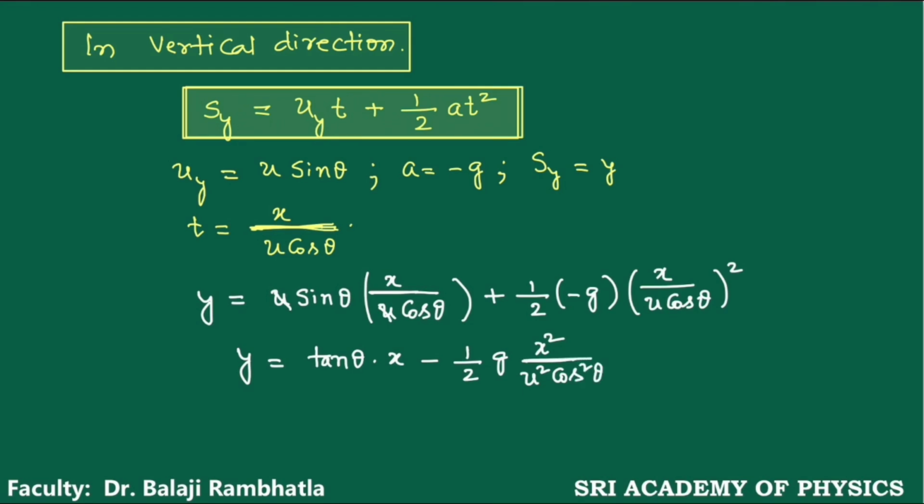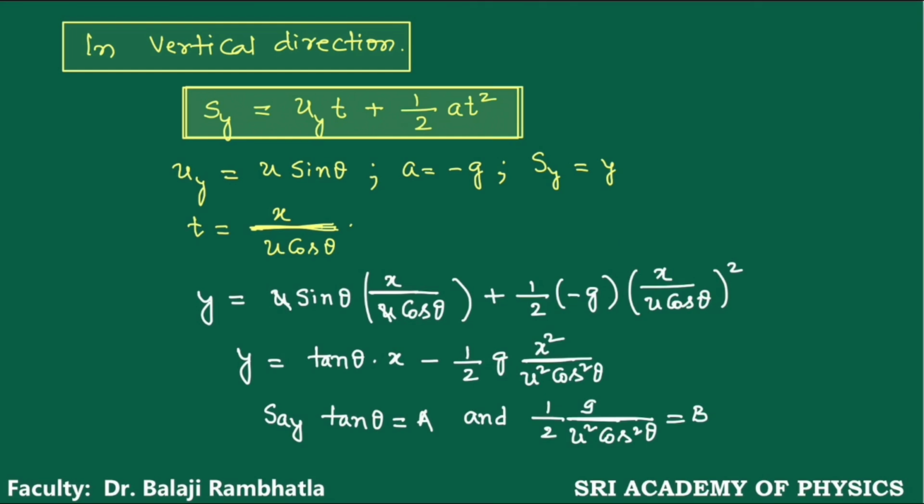Right? నేను ఇప్పుడు say tan theta is equal to a అనుకున్నా and 1 by 2 g by u square cos square theta is equal to b అనుకుంటా.